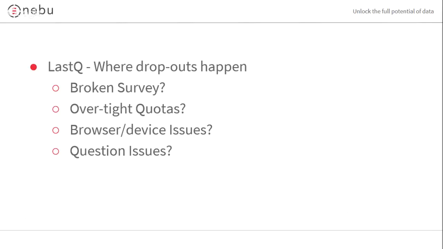Bearing in mind we try not to be leading and influence bias on the survey, but just being conscious of how that question is being asked, and perhaps wording it differently to encourage people to respond. So those are all things that can come up from looking at just the last question indicator.